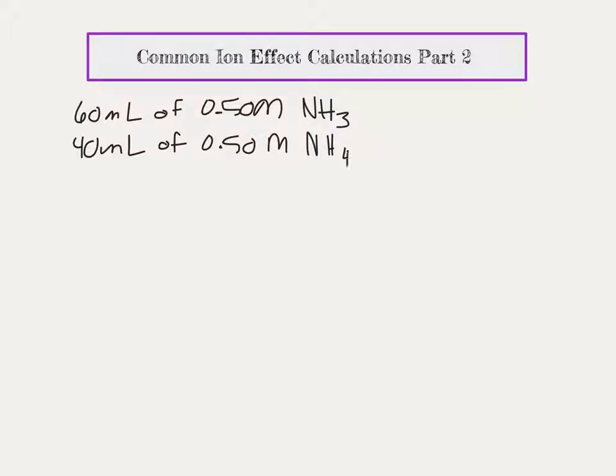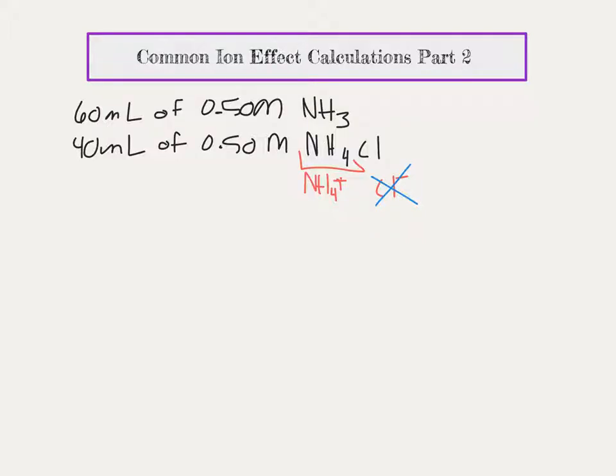Let's say that your problem tells you it's ammonium chloride. We can go ahead and assume that this species is NH4+, and that the Cl- that goes along with it does not participate in the reaction because it is the conjugate base of a strong acid, and those don't participate.